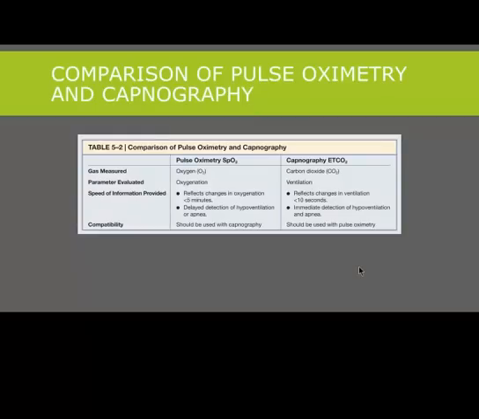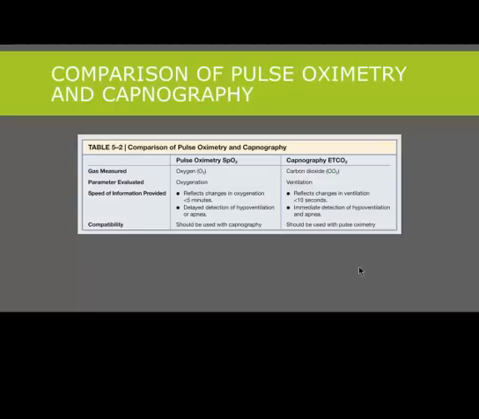So we're going to get a little bit into capnography in a few minutes, but I told you a lot of these things already. Pulse ox measures oxygenation, capnography measures ventilation, but it can also give you a very good key into metabolism, right? If you have good CO2 coming out, then you have to assume that you had oxygen going in to create that CO2 through the metabolic processes.